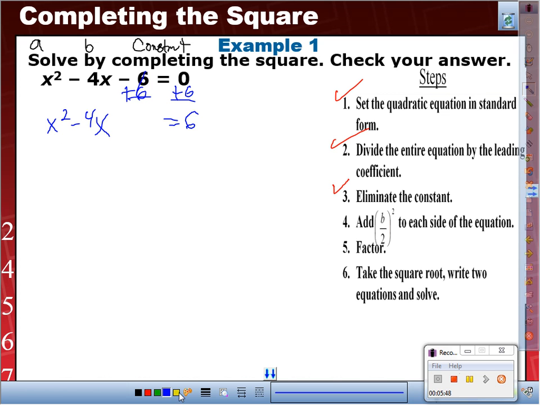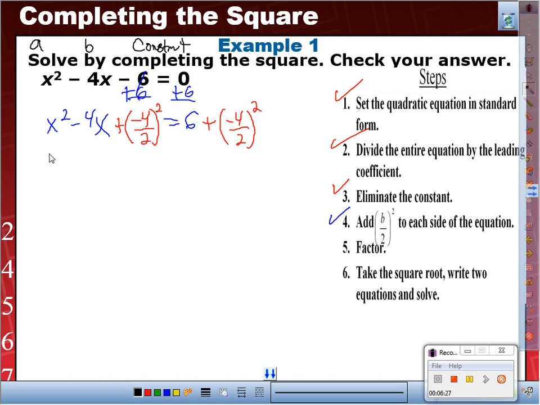Using this formula. Step 4 says add b over 2 squared. So before you do the step, hold on. What is b? Negative 4. So that means I'm going to add b over 2 squared to each side. Pens down, pay attention please. So now I'm going to simplify that.